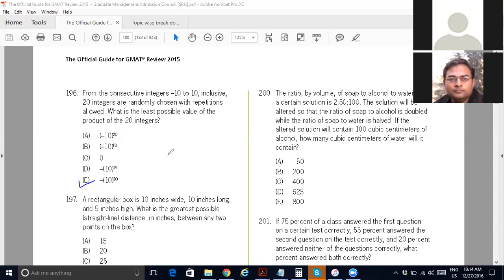We can take -10 an odd number of times, so that ultimately the product is negative. We can take it 19 times as well, and once we can take positive 10. So an odd number of times -10, and the remaining number of times positive 10. Positive will anyways give a positive value, and negative multiplied an odd number of times gives a negative value.